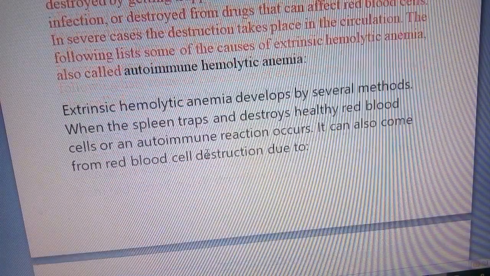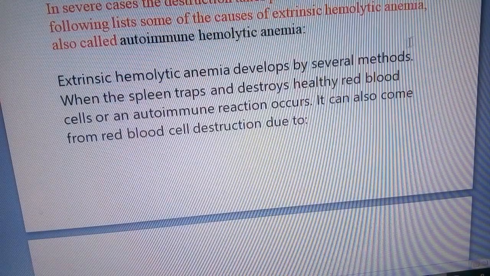Extrinsic hemolytic anemia develops by several methods, when the spleen traps and destroys healthy red blood cells or an autoimmune reaction occurs.